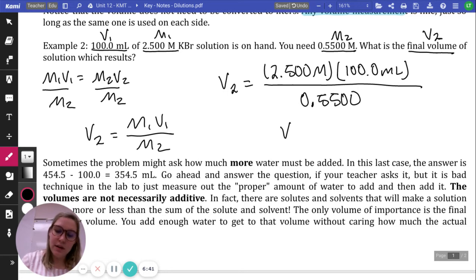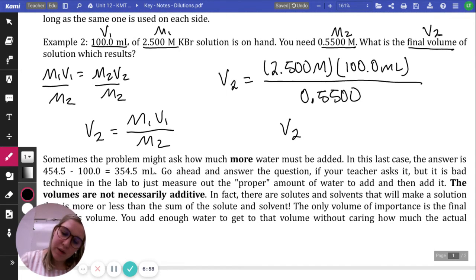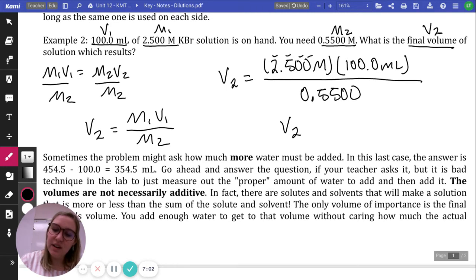And I got 454.5454, so on and so forth. So let's talk about our sig figs again. Once again, when we multiply and divide, we go with our fewest number of sig figs. In 2.5, I have 1, 2, 3, 4, 4 sig figs there. 100 has 1, 2, 3, 4.